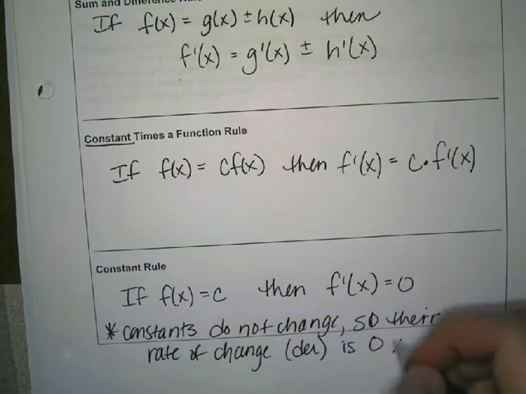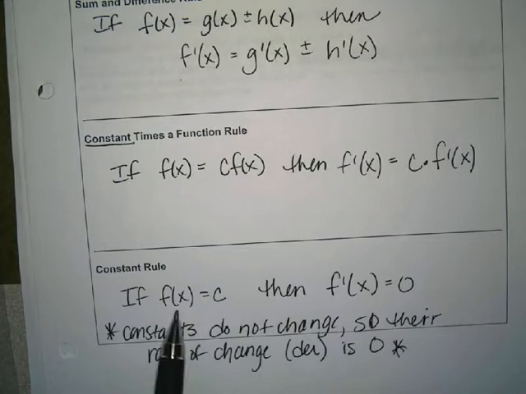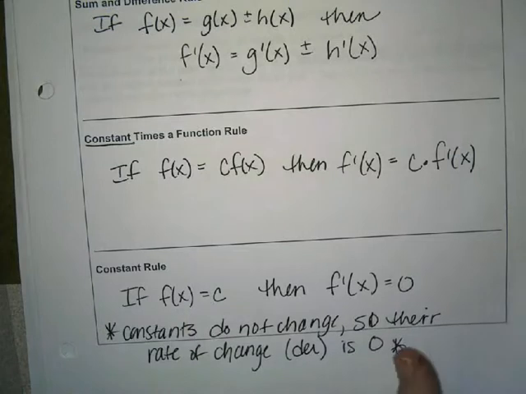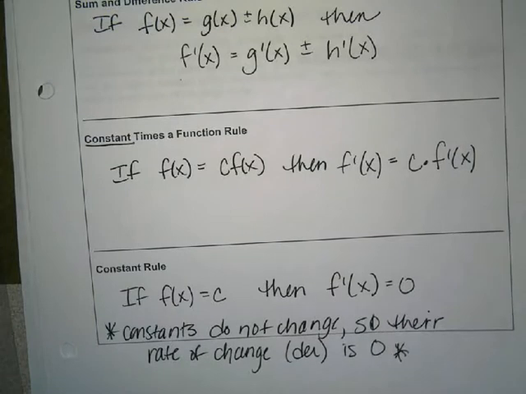Because if this is f of x equals 2, if we were to graph that, it would just be a straight line. And so that doesn't fluctuate or change, therefore the rate of change is always 0.